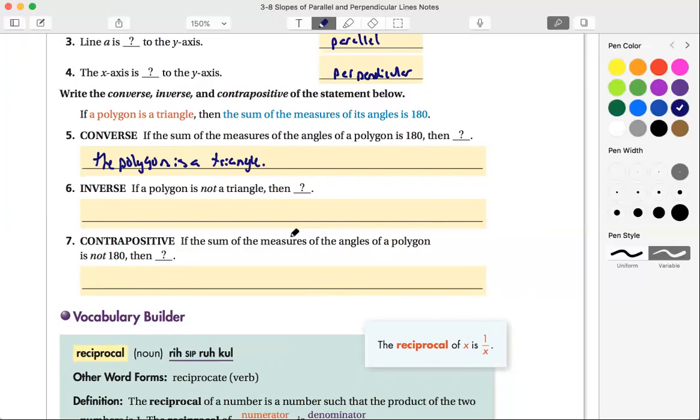The inverse: if a polygon is not a triangle, then the sum of the measures of its angles is not 180. And the contrapositive: if the sum of the measures of the angles of a polygon is not 180, then the polygon is not a triangle.